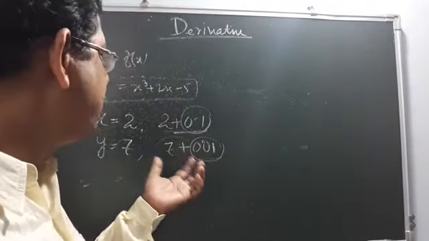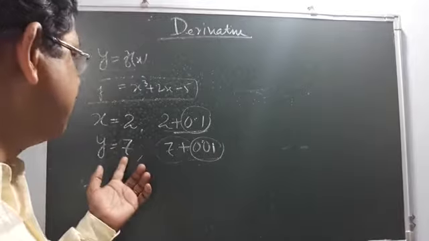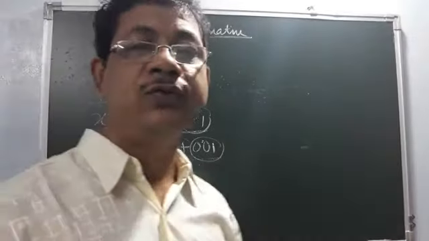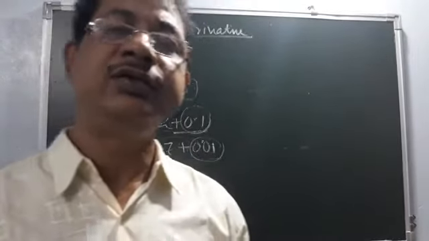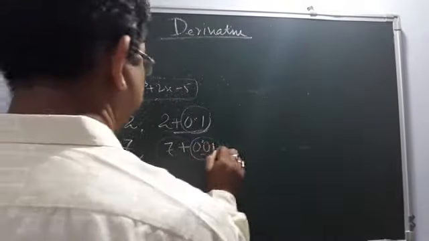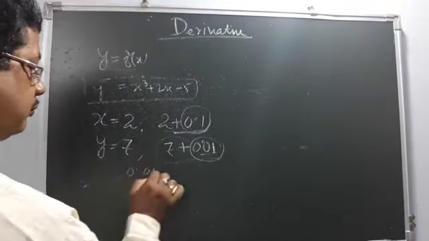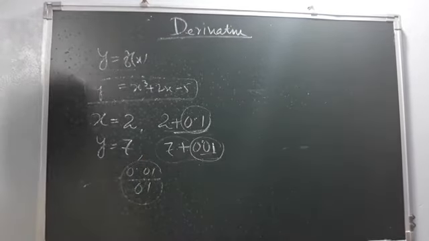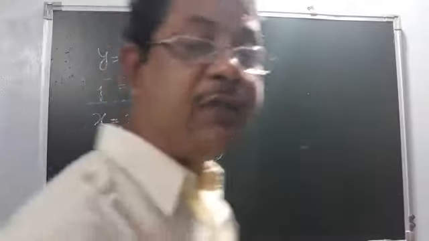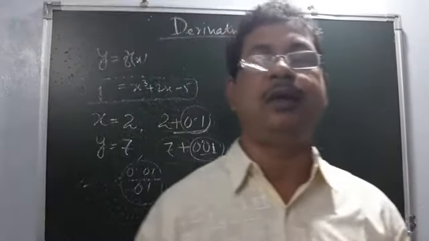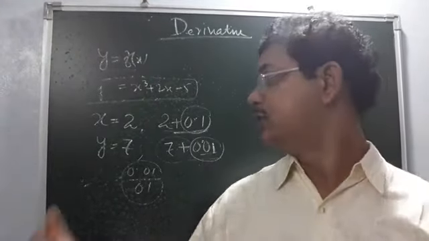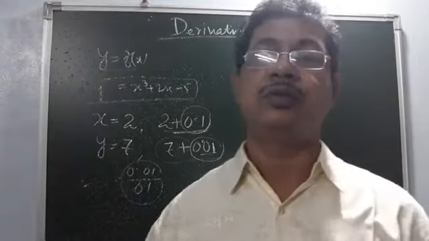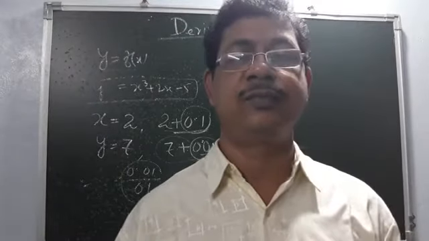It is 7.01. Earlier for 2 it is 7. So of course there is a change of y, a change of x. That ratio, if we write y's change divided by x's change, this ratio can be called the derivative of the variable y with respect to the variable x.